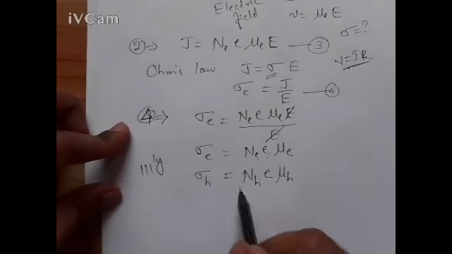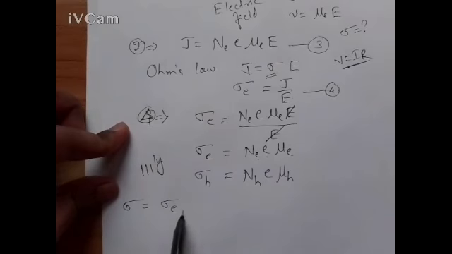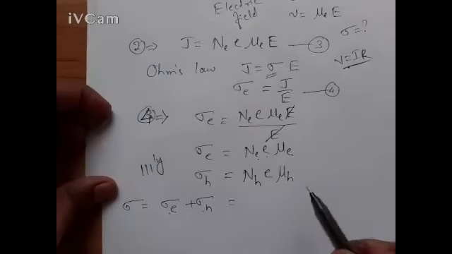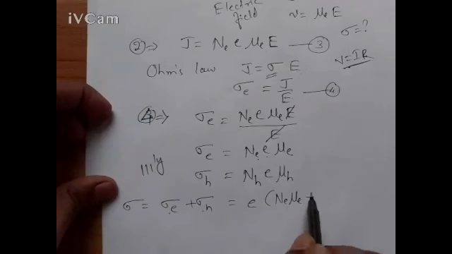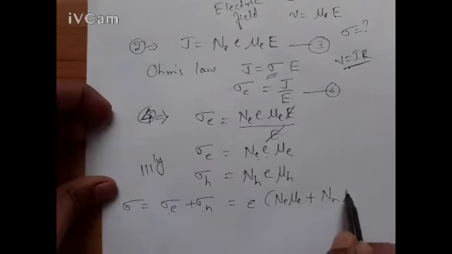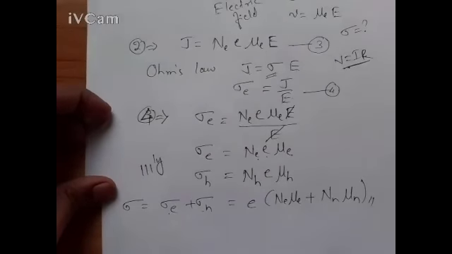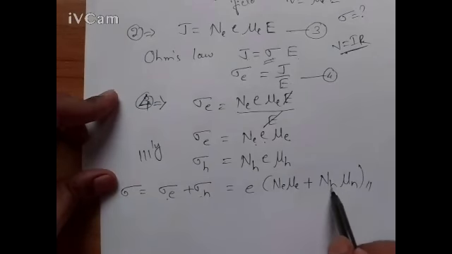Add these two so that sigma is equal to sigma E plus sigma H, conductivity due to electrons plus conductivity due to holes. E will be common, so we remain with E times Ne mu E plus NH mu H. So this is the general equation for the intrinsic semiconductor.